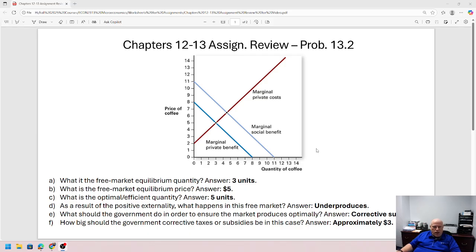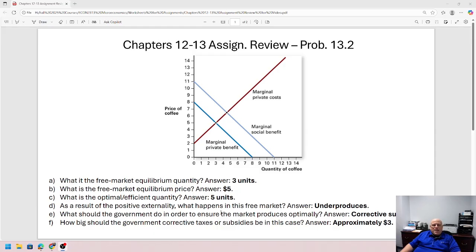In this case, the producers are going to underproduce because at the free market equilibrium we only have 3 units produced, but the optimal quantity would be 5 units. So we're producing less than what is socially optimal. The answer to part D is underproduces.